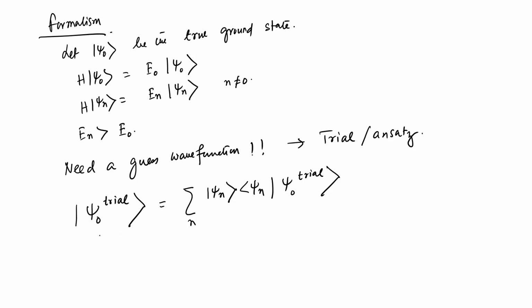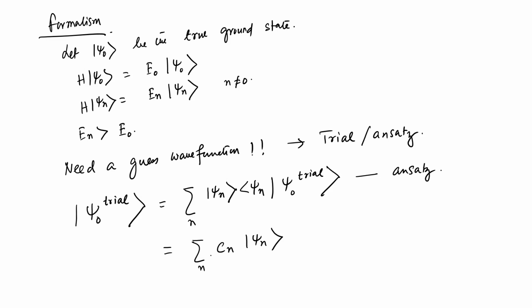So, this trial wave function, this is the ansatz that we make, that this trial wave function is actually a linear combination of all the different eigenstates of the problem. This can now be written as the sum over n of C n psi n, with n including everything.